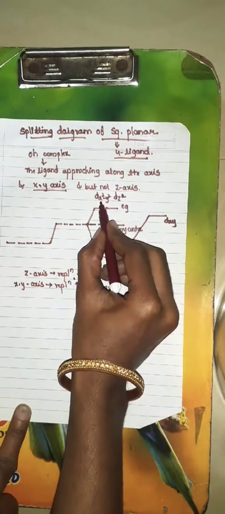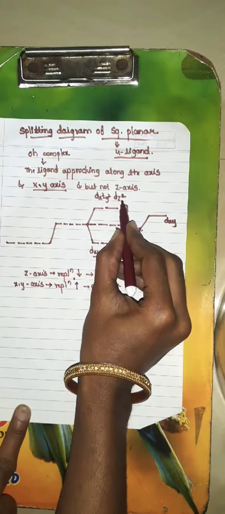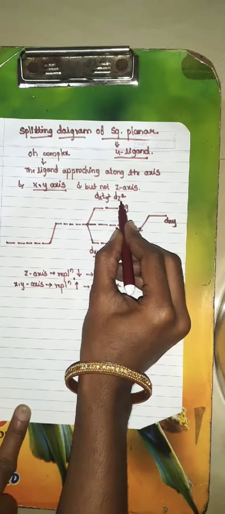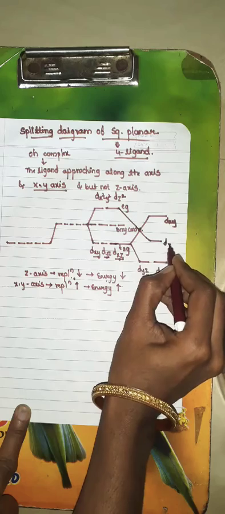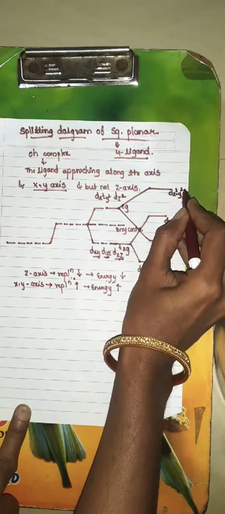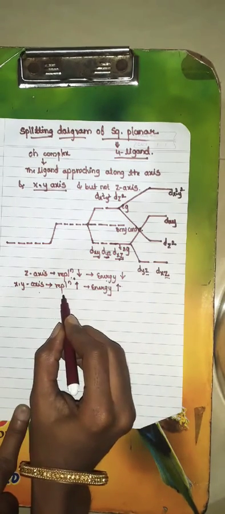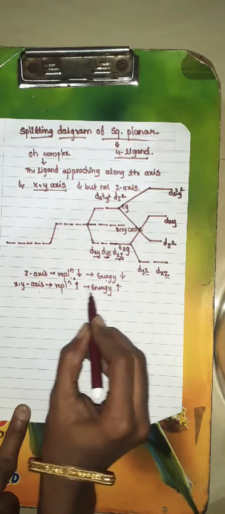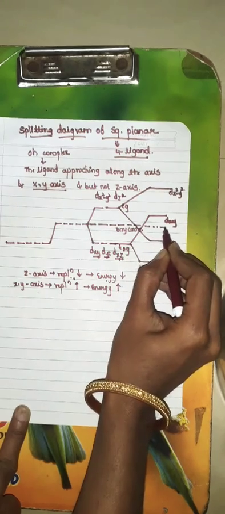Here also, for dx square minus y square and dz square, no ligand approaches along the z axis, so repulsion and energy decrease. Therefore dz square decreases in energy, and dx square minus y square increases in energy, because ligands approach along the x and y axes, so repulsion and energy increase. This is the barycenter.